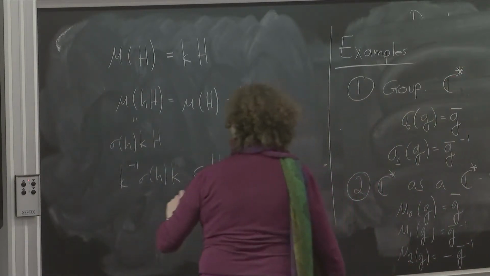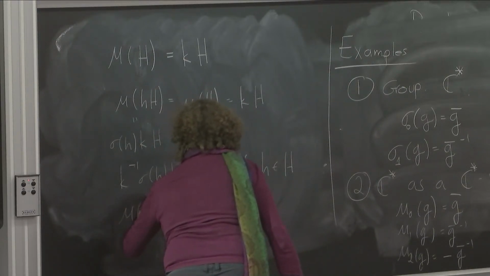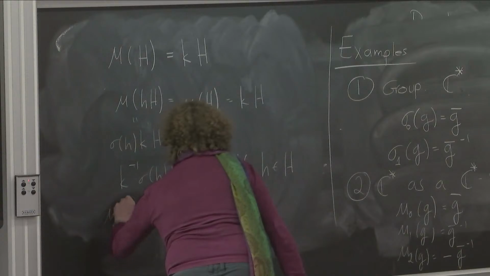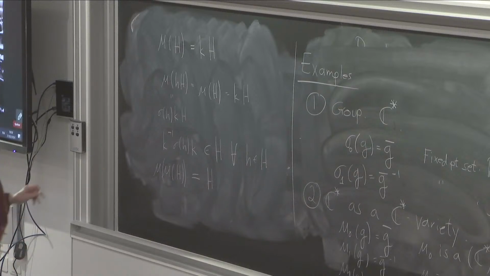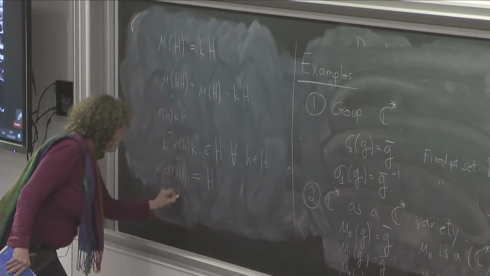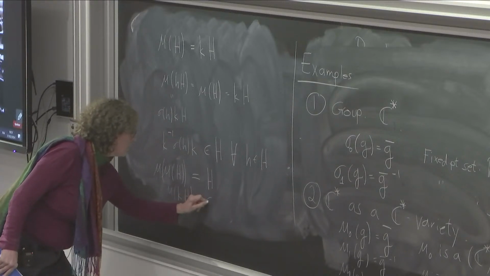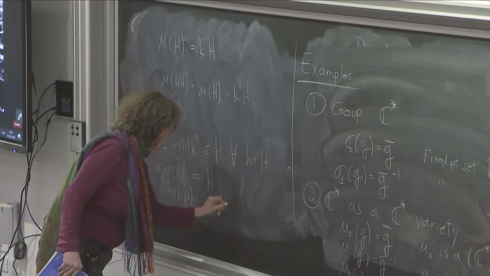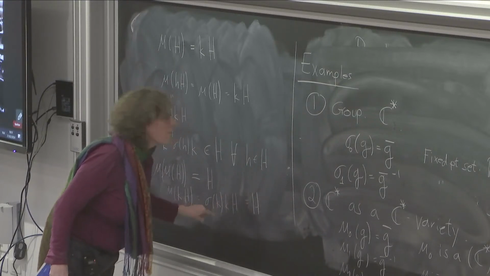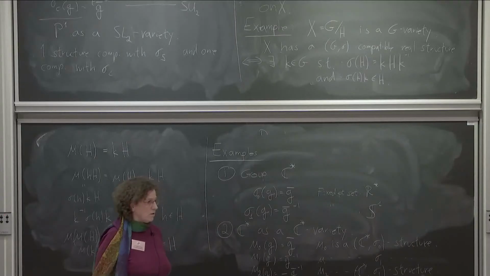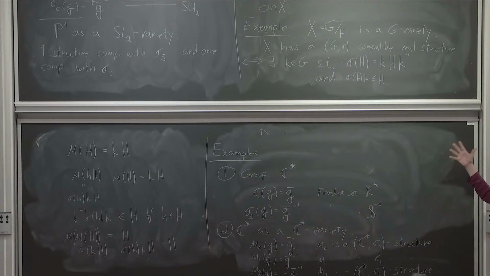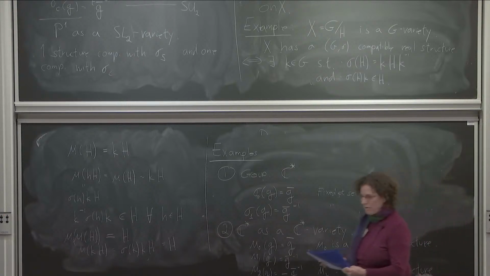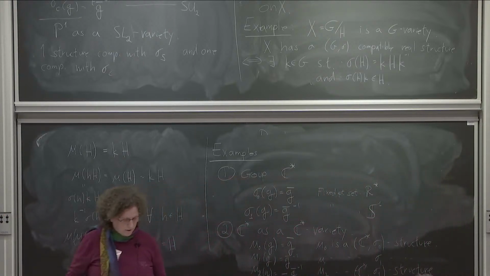And also, I want that mu of H has to be H. This means mu of KH, which is sigma K, KH has to equal H. That gives me the second condition. So for homogeneous spaces, it's very easy to find the forms, and then I have to say when they're equivalent, etc. But to find the forms is quite easy.